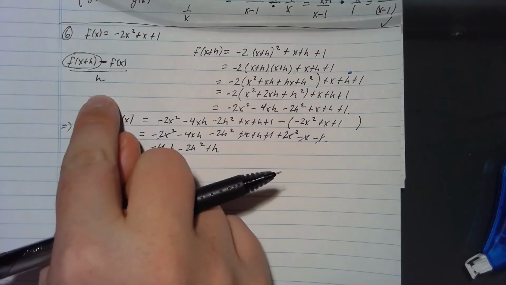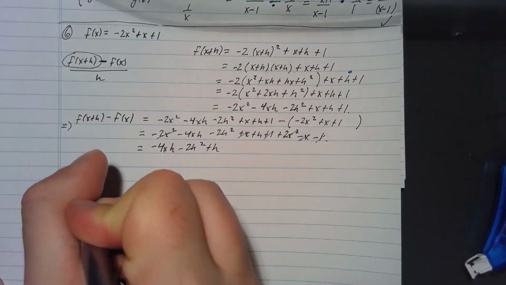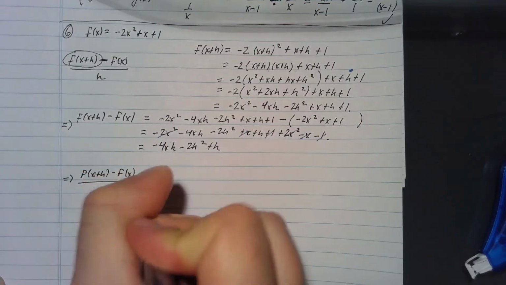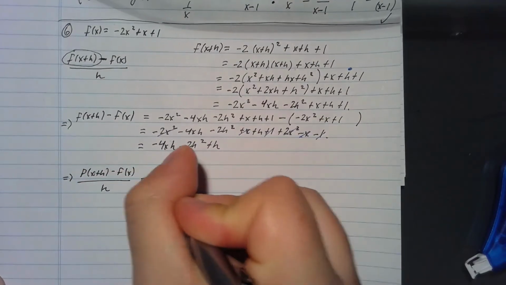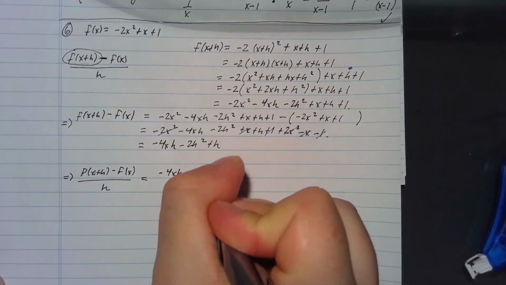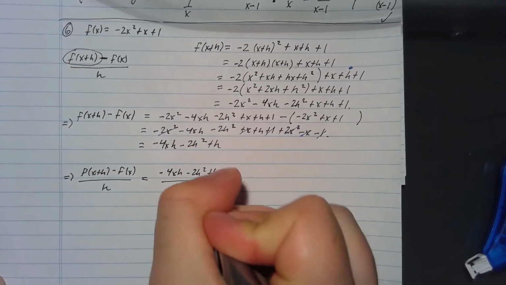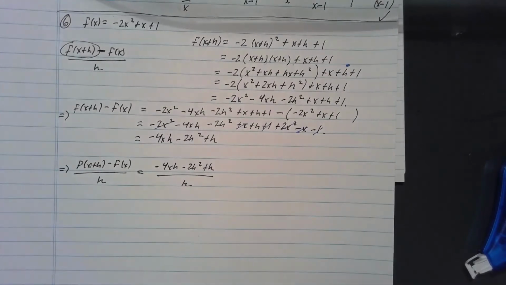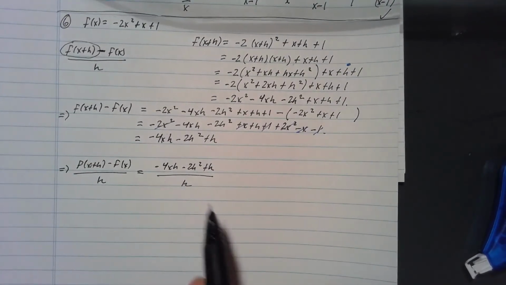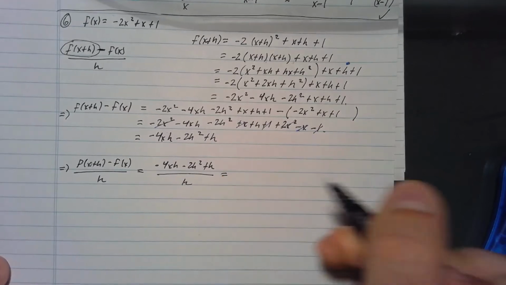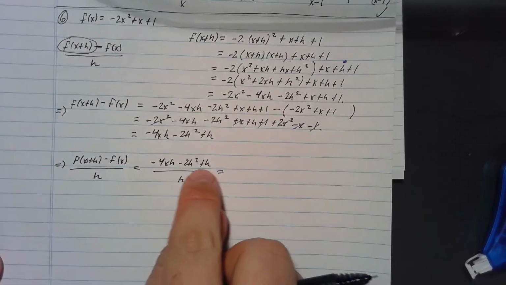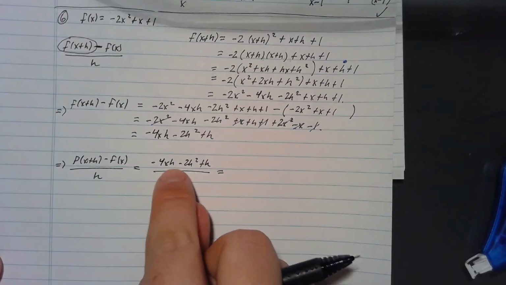So now I take that and divide it by h. So minus 4xh minus 2h squared plus h all over h. Now when we did this in our notes, the h in the denominator should cancel out. If it doesn't, you did some algebra incorrectly. So if you notice, every term in the numerator has a GCF of h.